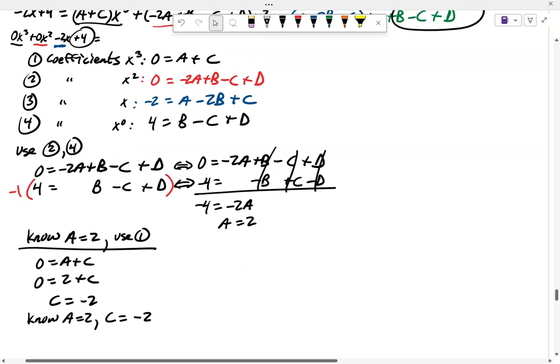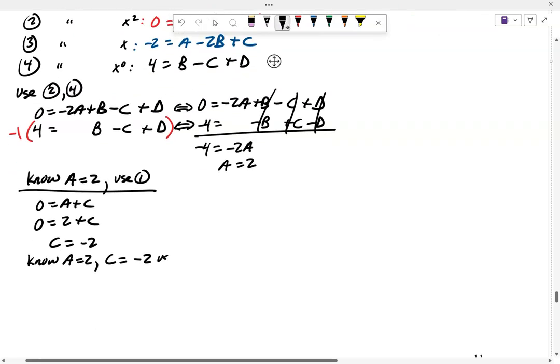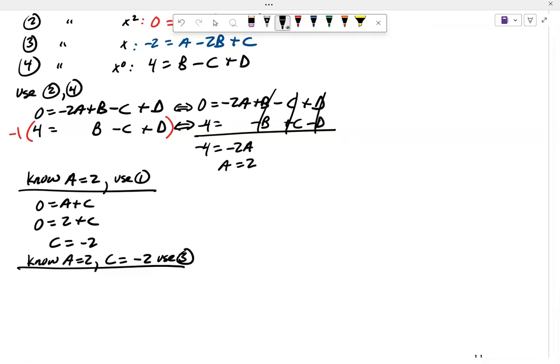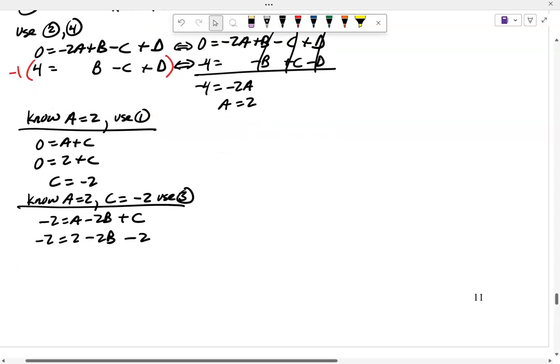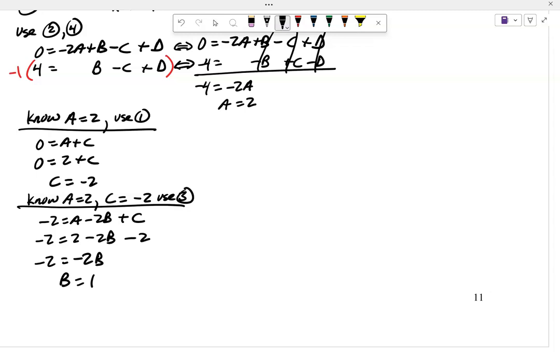I'm going to use equation 3. So b ends up being 1.